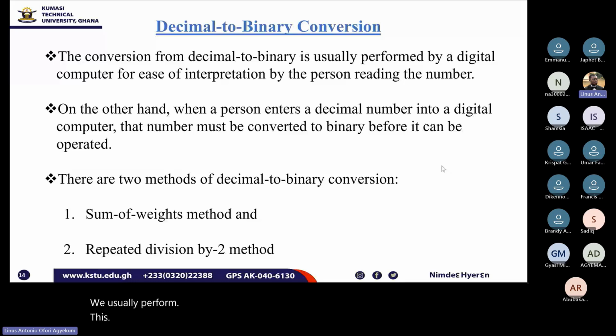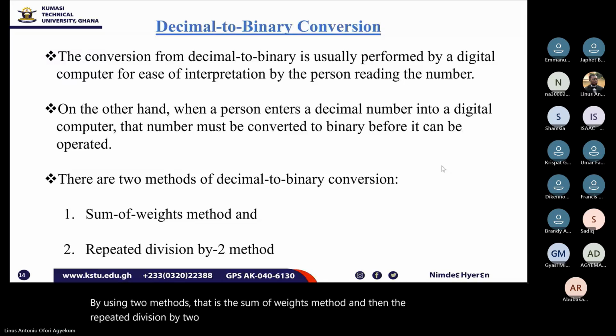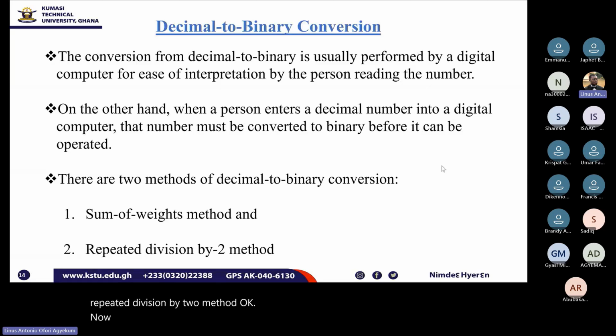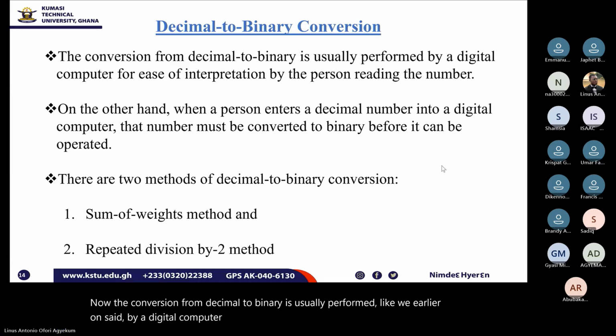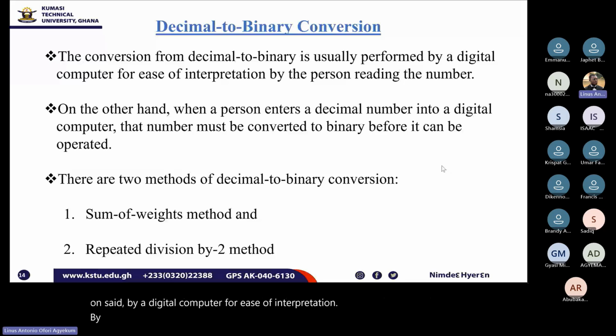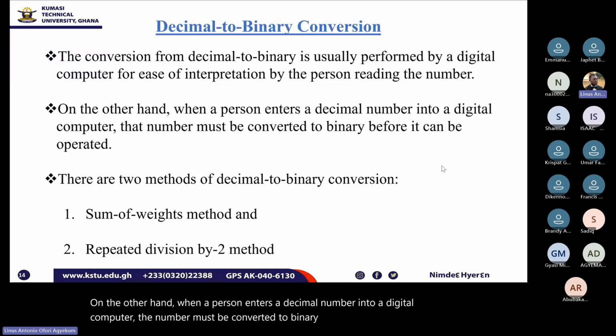That is the sum of weights method and then the repeated division by 2 method. Now, the conversion from decimal to binary is usually performed, like we earlier said, by a digital computer for ease of interpretation by the person reading the number. On the other hand, when a person enters a decimal number into a digital computer, the number must be converted to binary before it can be operated on.